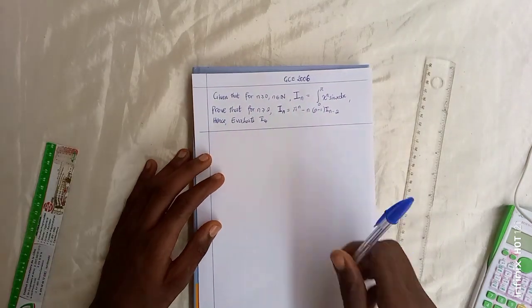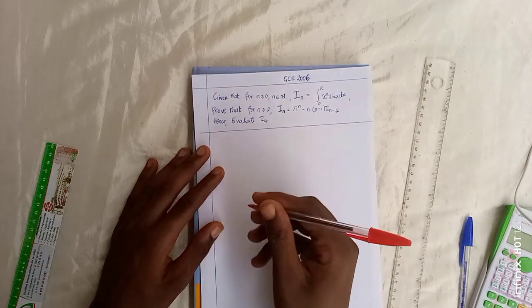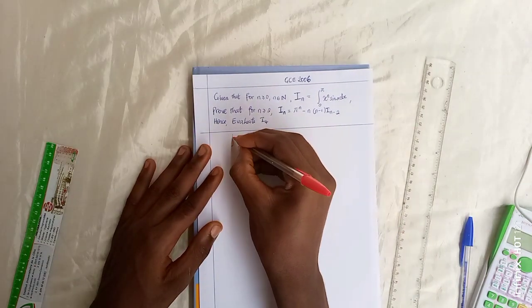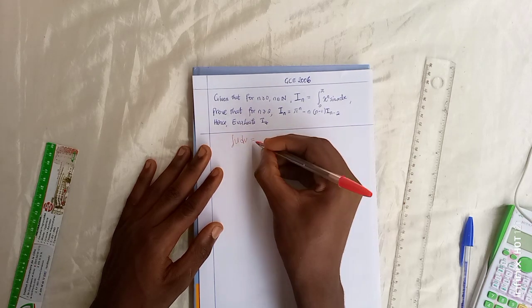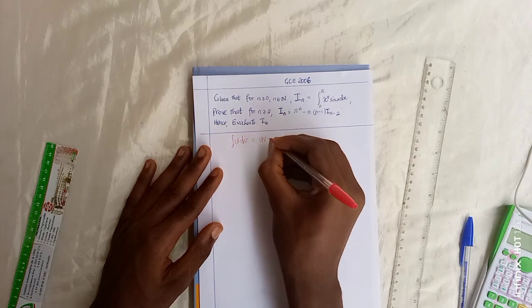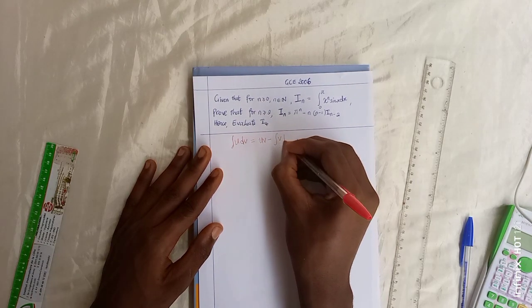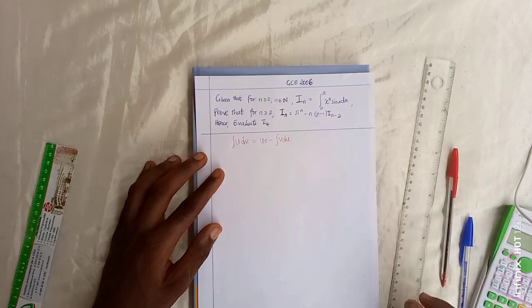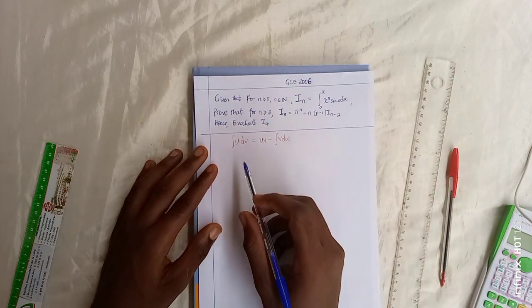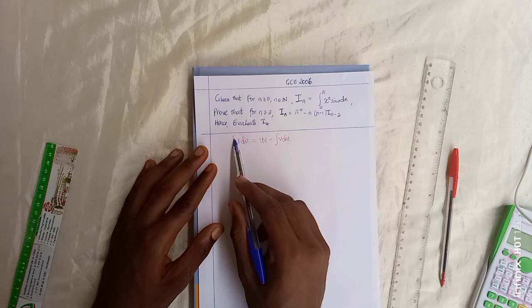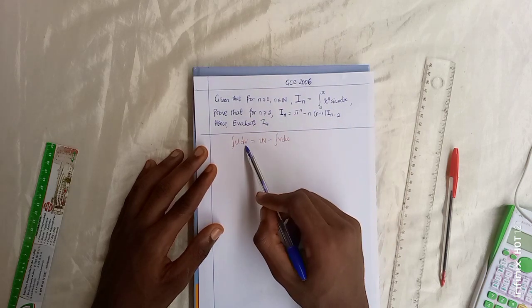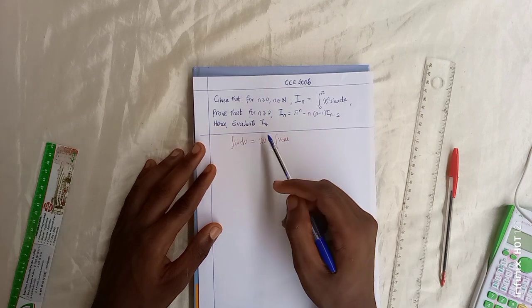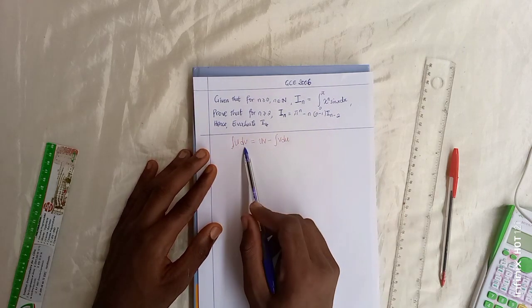To do this, I'm going to use the formula for integration by parts, which says that the integral of u dv is equals to u times v minus the integral of v du. So that's the formula for integration by parts. In using this formula, we have to choose u to be a function which becomes simpler when differentiated, and our function dv should be a function which can easily be integrated to get v.